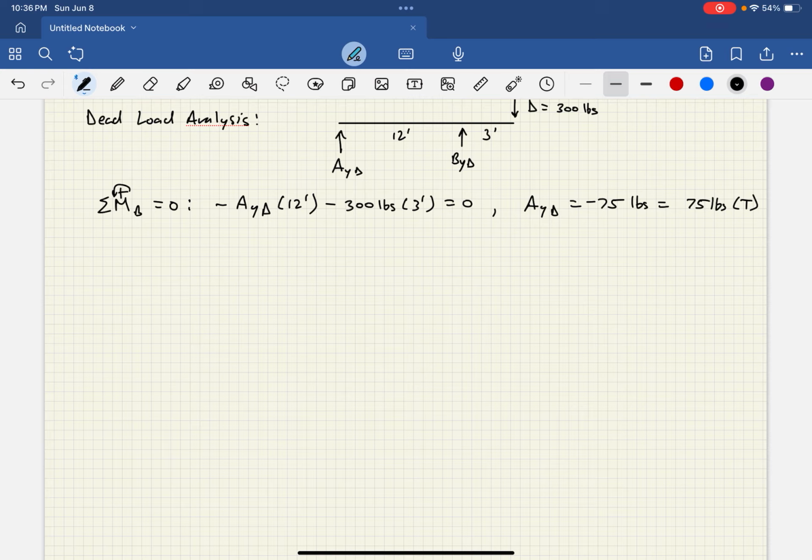So separately, I'm going to do a live load analysis, okay? Now, when I do a live load analysis, what am I going to have here?